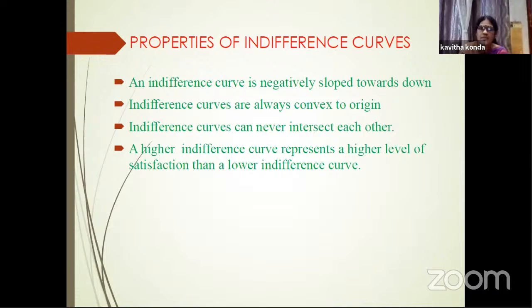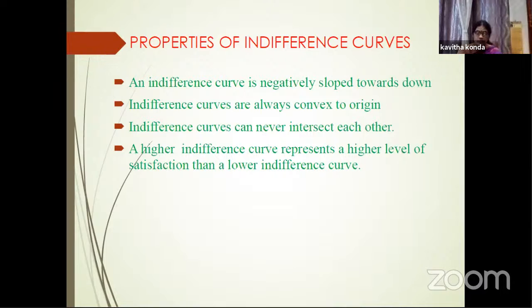And indifference curves are always convex to the origin. They are not concave to the origin. They are convex to the origin. It is another property here. Here the indifference curve, the negative slope and convexity explain how the amount of the other good is reducing and how we are substituting here. Means when the amount of one good is increased, the other good will decrease. The level of satisfaction will remain the same on an indifference curve.